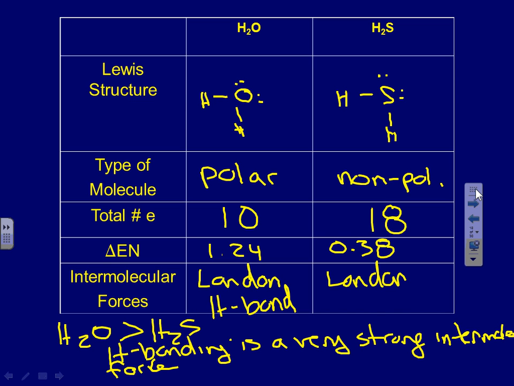Even though H2S has more electrons, you get the idea. The logic would be, oh, what about H2S? It's got more electrons. Its London forces would be greater. But what I'm telling you guys is hydrogen bonds for this particular course is going to dominate that.